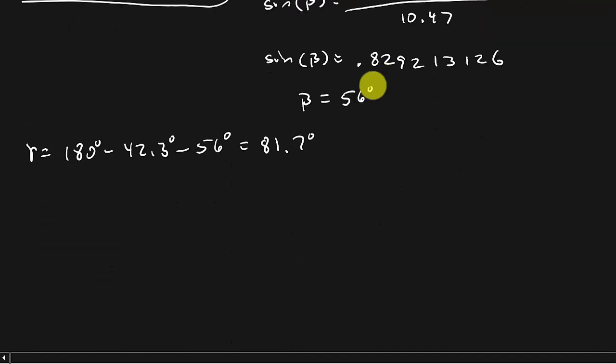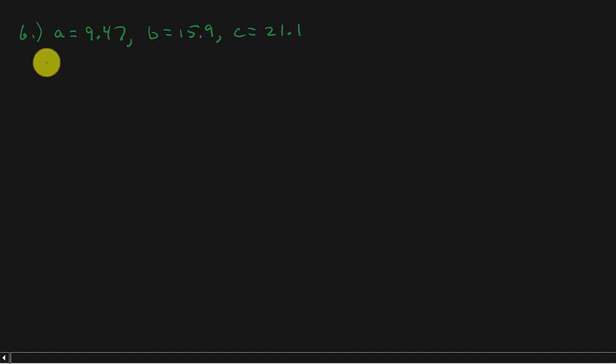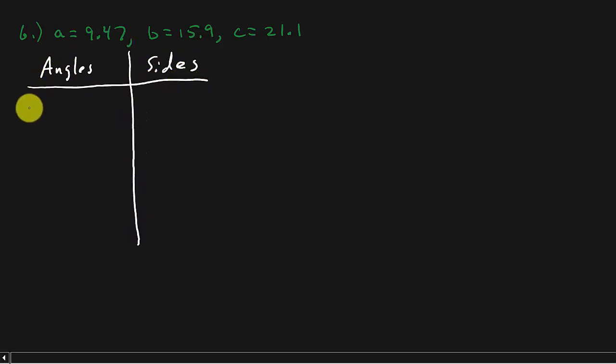All right, so now we've got one more problem. This is the last one right here. Let's go ahead and do this. We've got angles, we've got sides. There's alpha, beta, gamma.